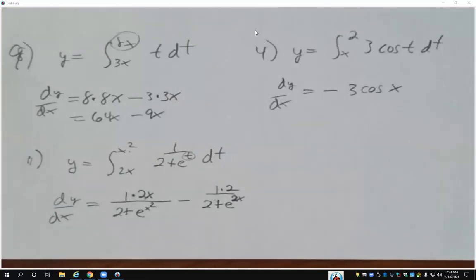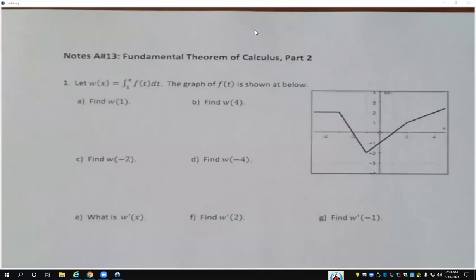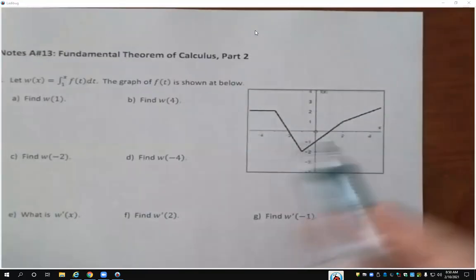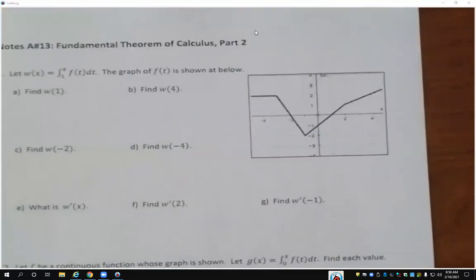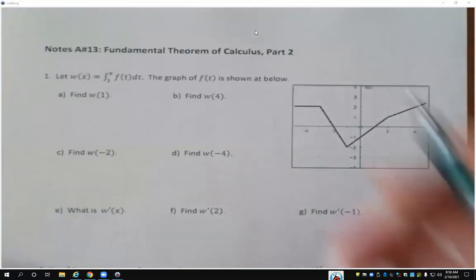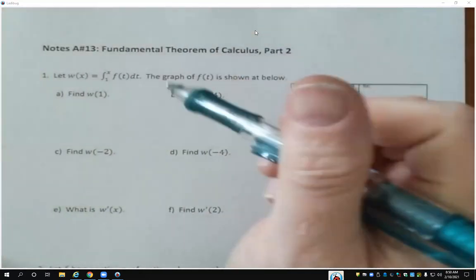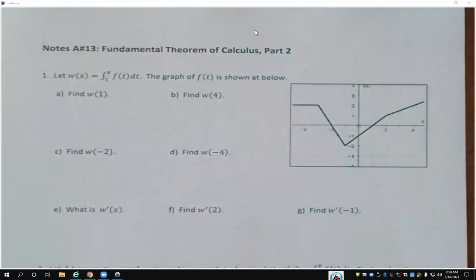There's algebraically, there's graphically, and then there's numerically, which is usually a table. Okay, so today we're going to be basically looking at the same thing, except now we have a graph. Okay, we don't have a function, which sometimes makes it a little harder because obviously you can't use a calculator, anything like that. Okay, the key here is we have to be able to interpret what's been given to us.